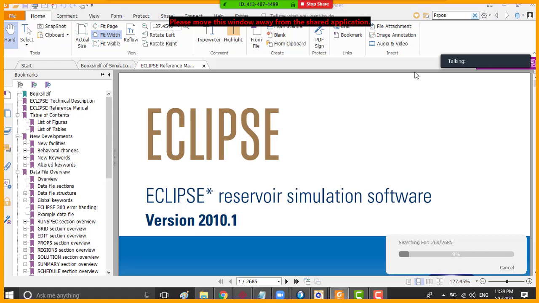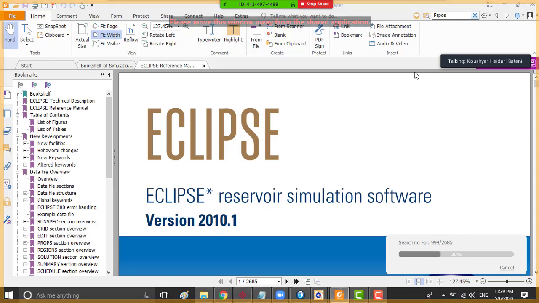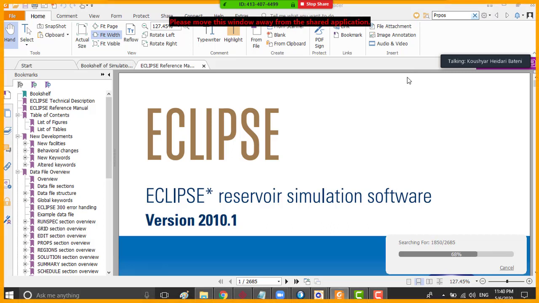Now, as the name implies, the PROPS section has something to do with the properties of rock and fluid in the reservoir that you want to simulate. In the GRID section you also input some properties of your reservoir, but in the PROPS section the difference is that you are going to input the properties that are pressure dependent and saturation dependent.